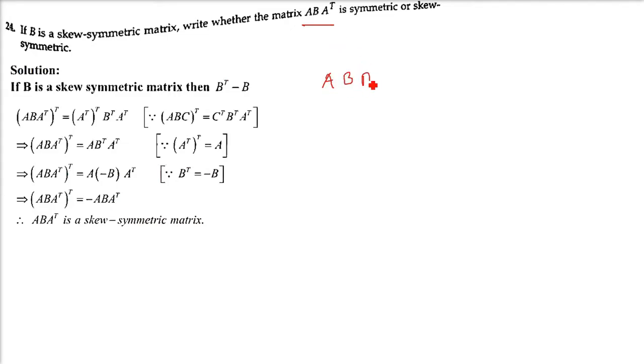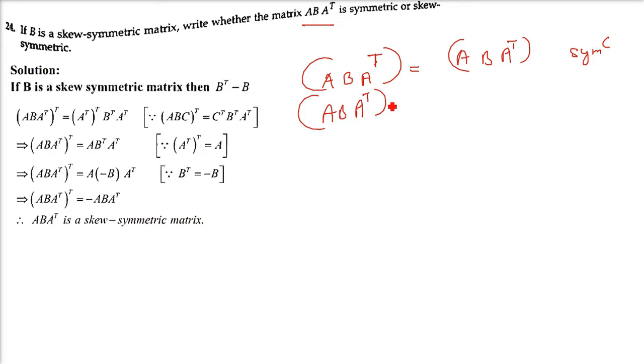If we take the transpose of this and it comes out as the same matrix, it is symmetric. If the transpose comes out as negative of itself, negative of ABA transpose, we will say it is skew symmetric.